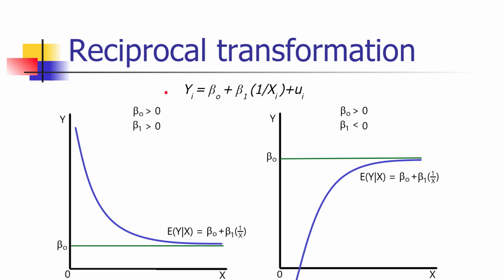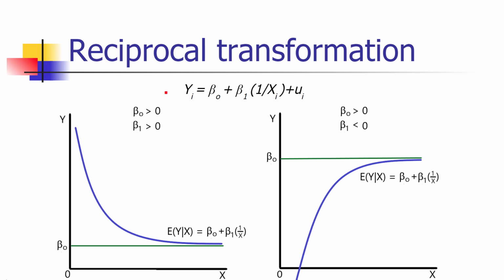An interesting point here is that in a reciprocal relationship, when we estimate the equation, a positive value for beta 1 means that there is an inverse or a reciprocal relationship between y and x. Similarly, if we get an estimated value of beta 1 which is negative, that implies that as x increases, y will increase as well.